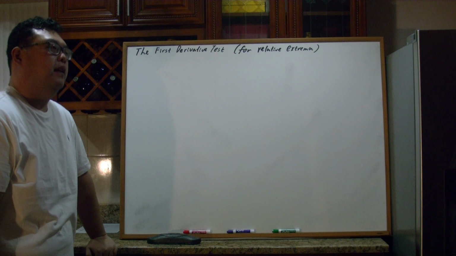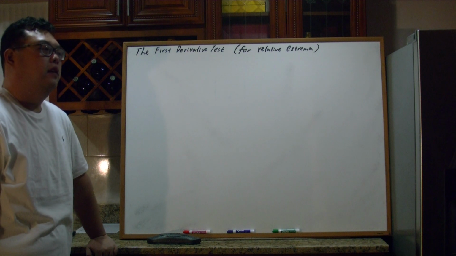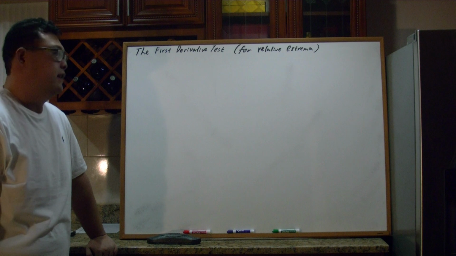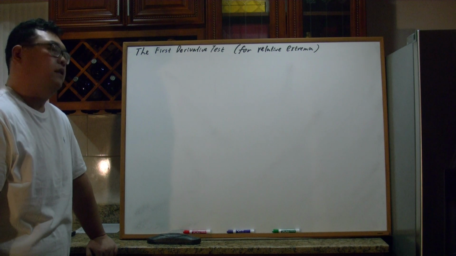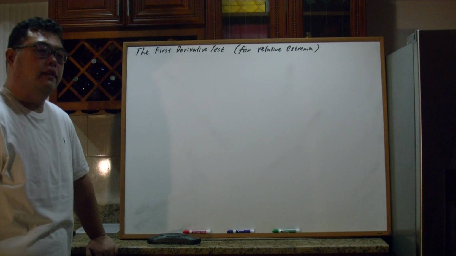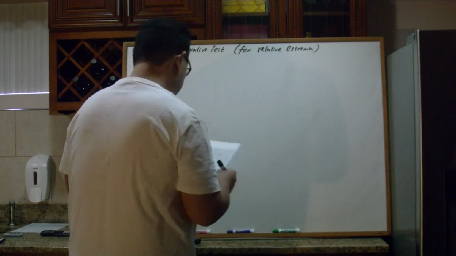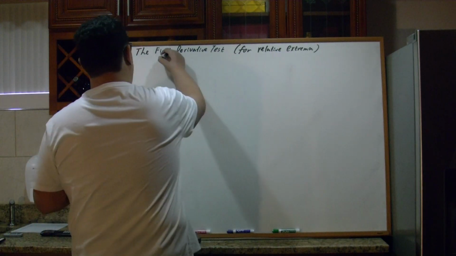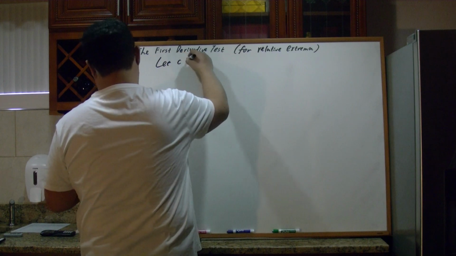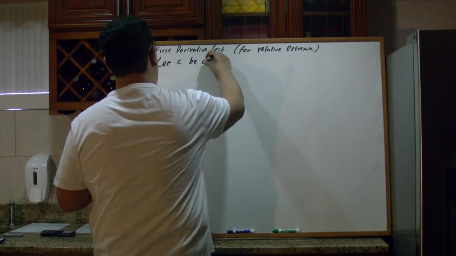Later on, we will see using the second derivative to find the extrema, which is called the second derivative test. But first of all, that's the first derivative test. So let c be a critical number.